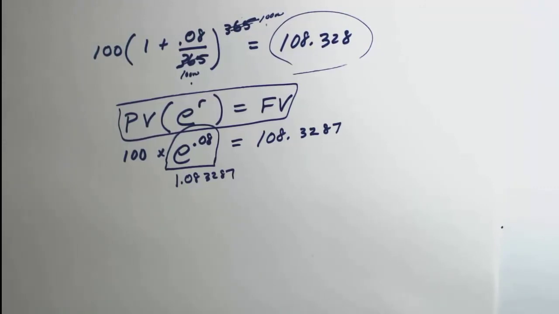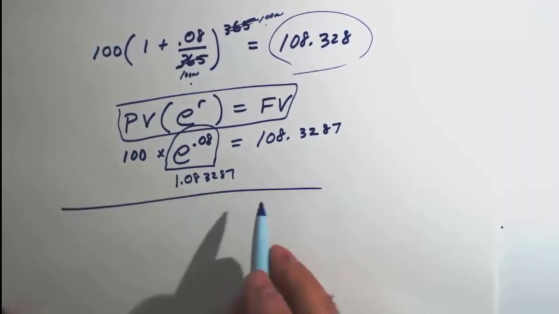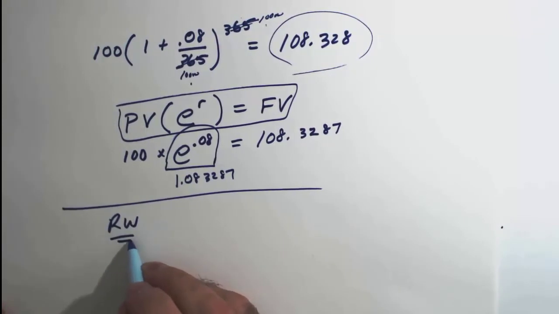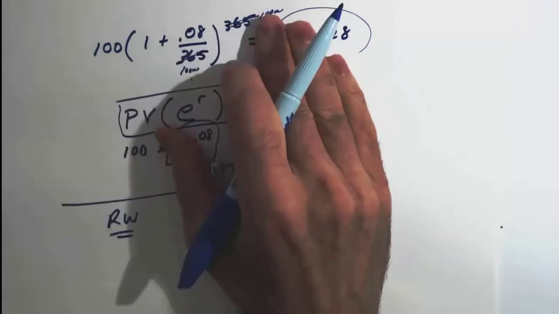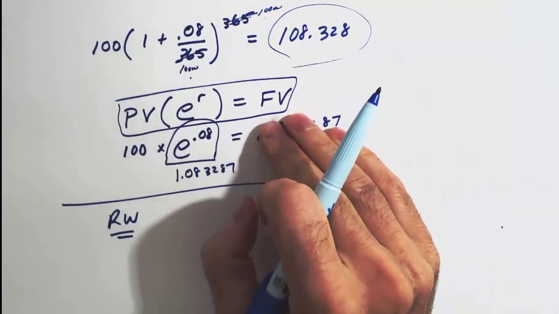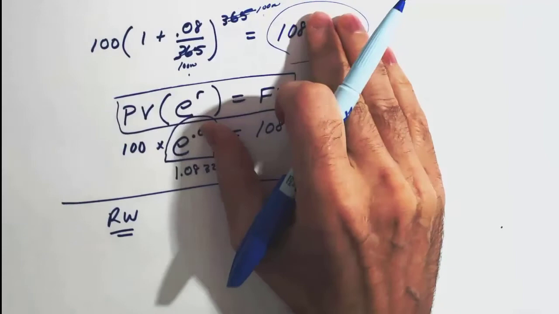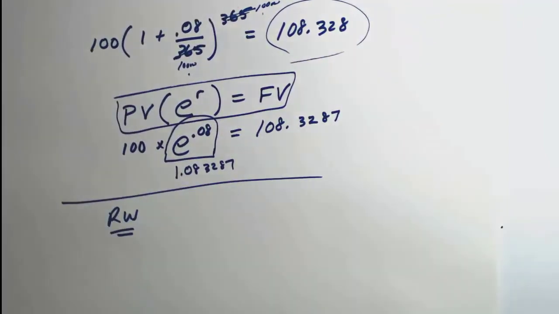Now, that's the compounding of money that we just explored. Now let's look at the random walk idea. And like I said earlier, you may not have seen continuous compounding, but you know what compounding of money is. You've seen that probably too much when you took your basic finance course.